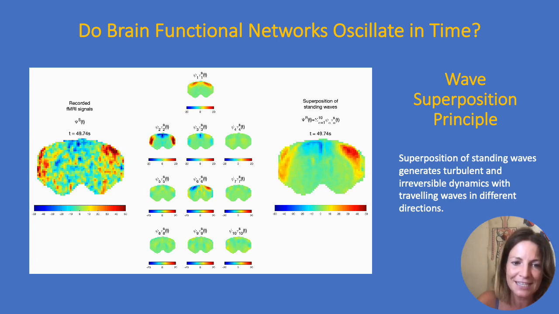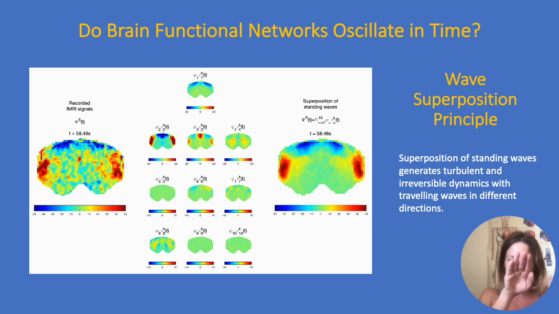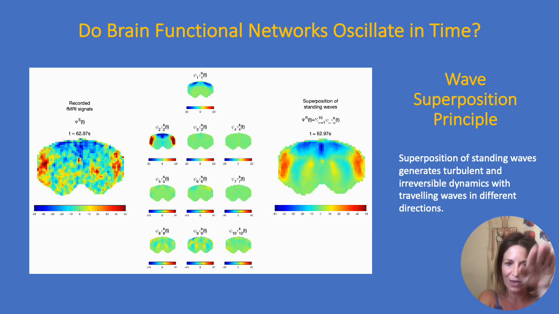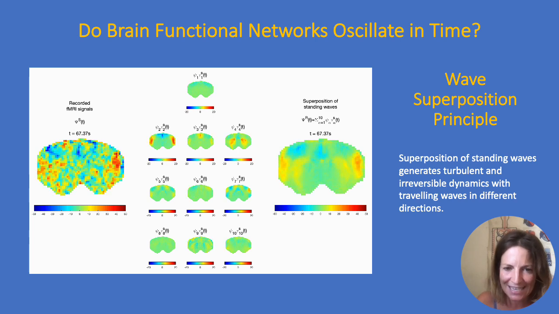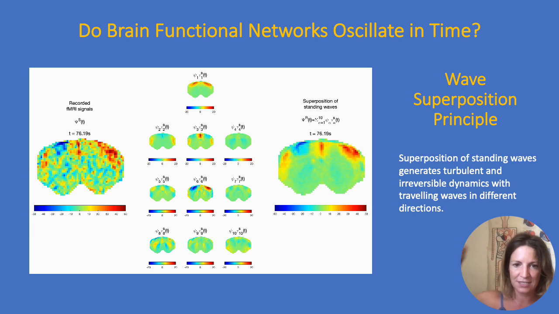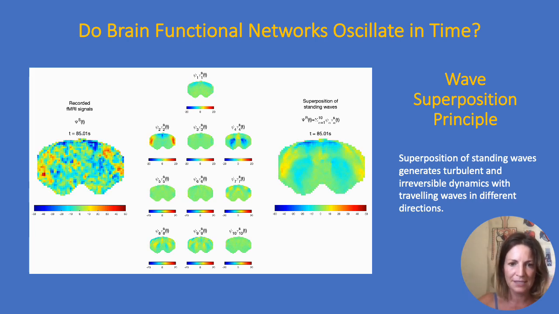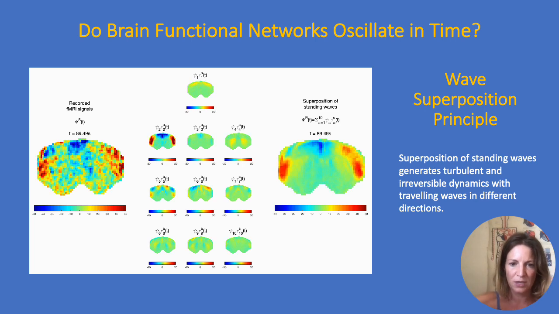And what we find is that although each single mode is just a standing wave, when we add them all together, we see visually some traveling waves being generated. They can go in different directions. Here they seem to be going up, but then at some point they switch and seem to be going down.